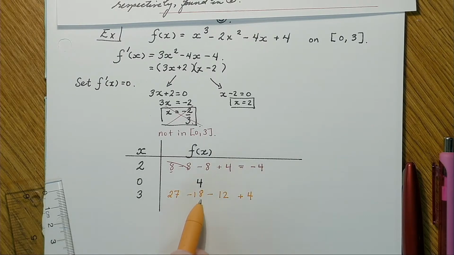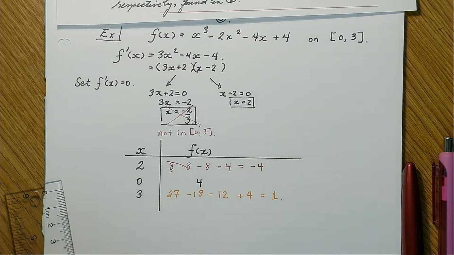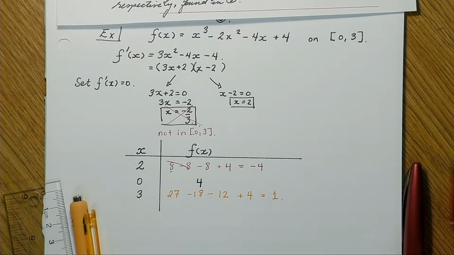So that's 18, so that's 30. I'm getting 1. Hopefully I added that up right. Oh, good. Good. I am. Excellent. So, excellent. Good, good, good.